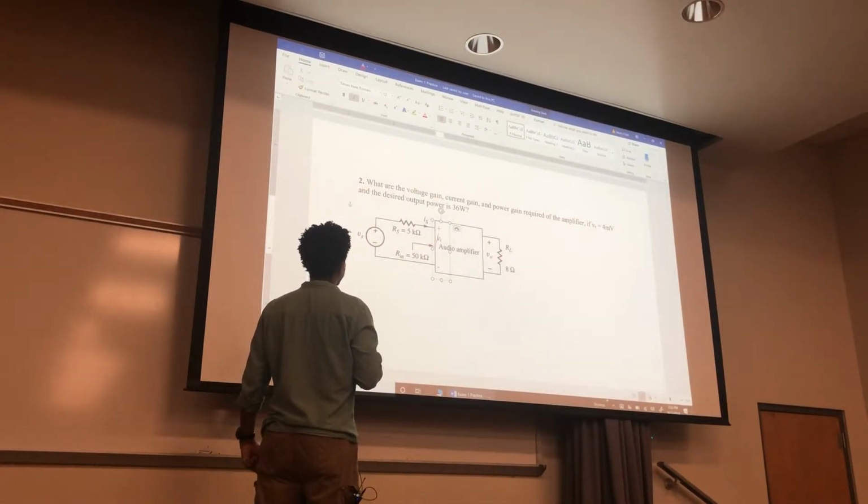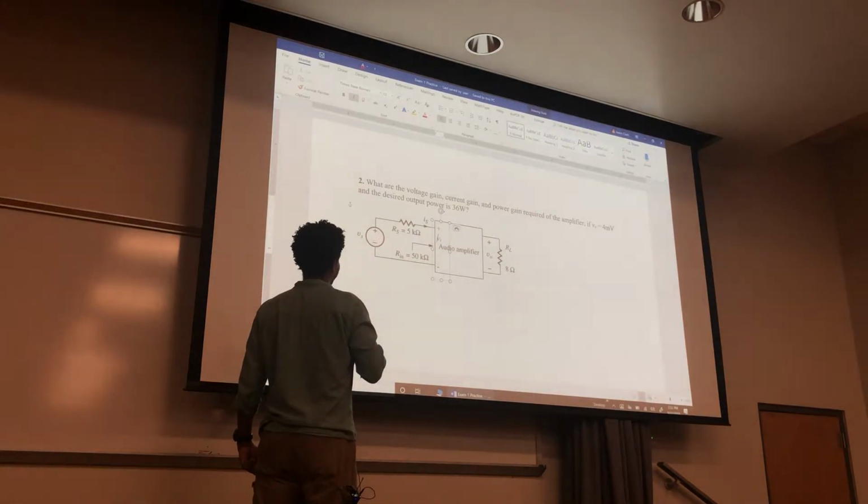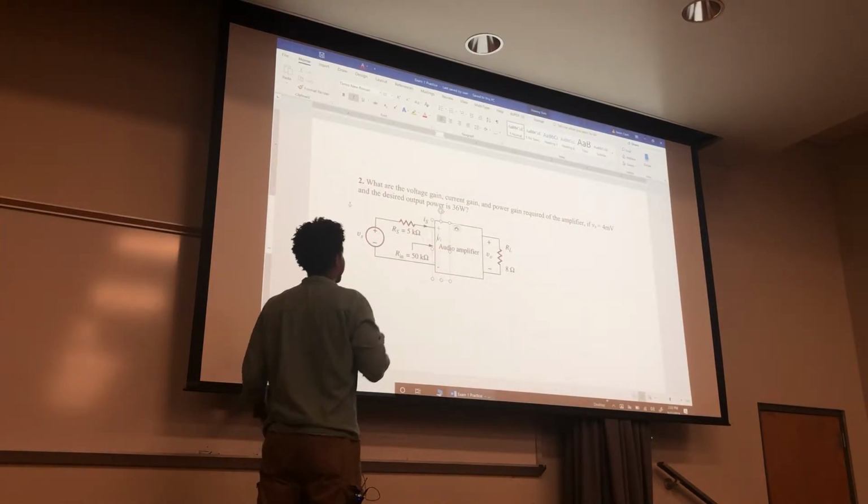We now know this voltage right here, so we could just use Ohm's law and find this current. It's going to be this voltage minus that voltage divided by that resistance. Or we could use this source right here and say it's this voltage over these two in series.